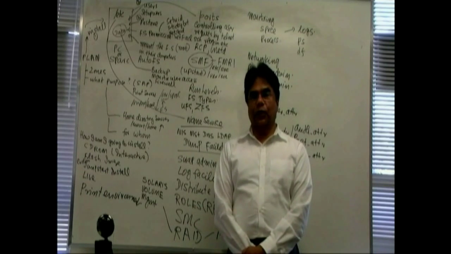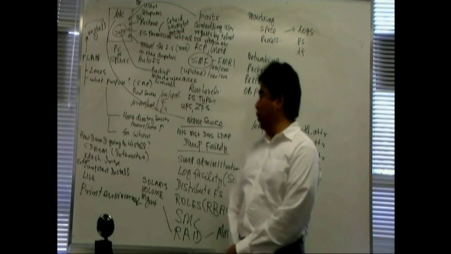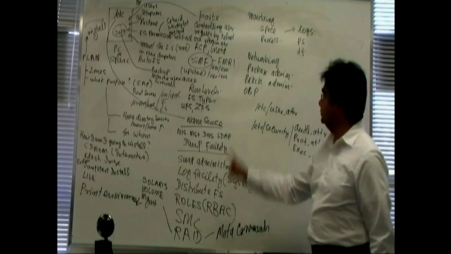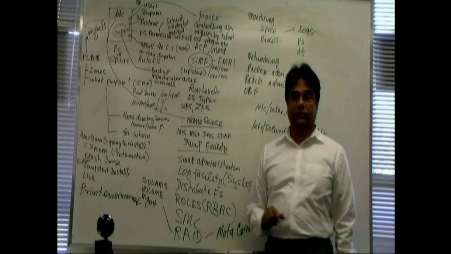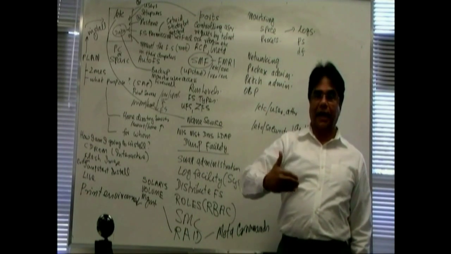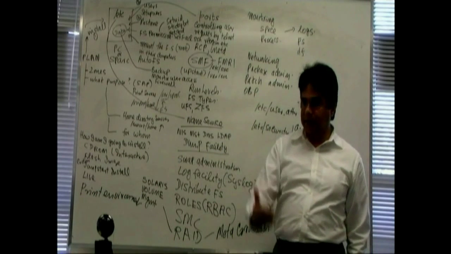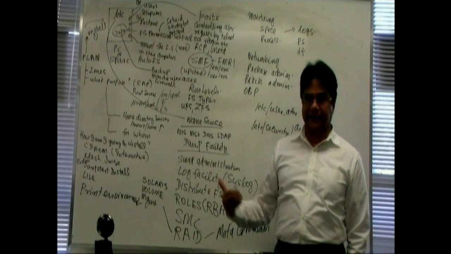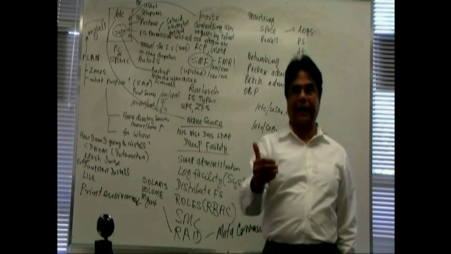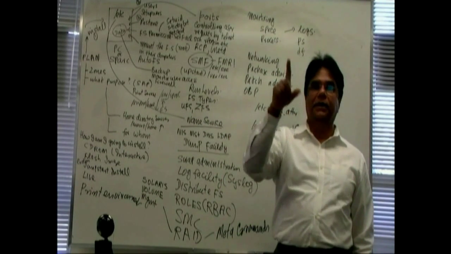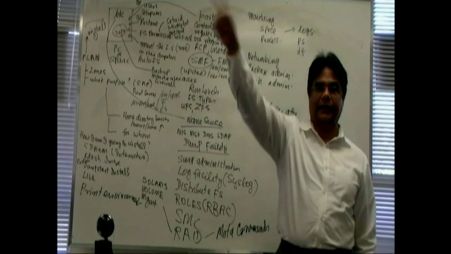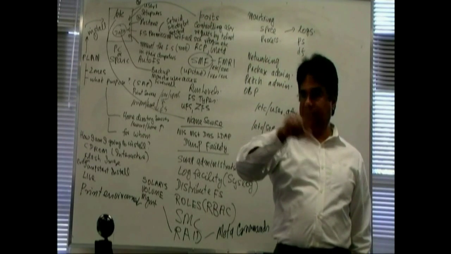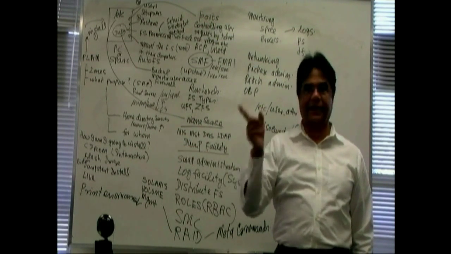For that, I should know something called the OpenBoot prompt. Before Solaris starts, it goes to the OpenBoot prompt, then from the OpenBoot prompt it goes to Solaris. In the OpenBoot prompt, I can tell the system to boot from the second hard drive, boot from network, boot from tape, something like that.